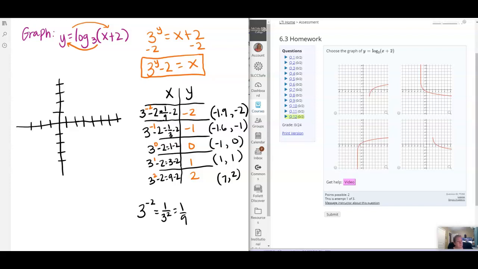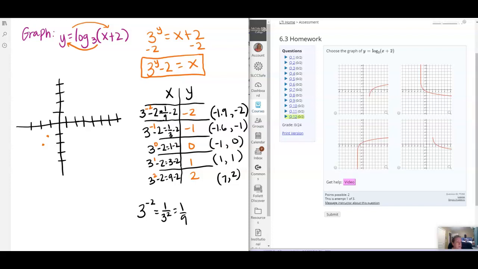All right, so if I have my graph over here, right, I'm just going to try and put in some of these points here. So over about -2, right, down 2 would be about here. Okay, but it's not quite to -2, but it's really, really close to it. Right? And then if I do -1.6 comma -1, it's going to be about in the middle of that one there.